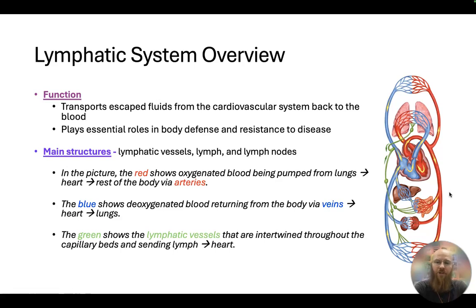The blue is showing that deoxygenated blood returning from the body via the veins, going back to the heart and then to the lungs and repeating the cycle. We know that well. So the green that we're now going to integrate is showing all of those lymphatic vessels, as well as some lymph nodes that we can see there. And those are intertwined throughout the capillary beds and end up sending lymph fluid to the heart.